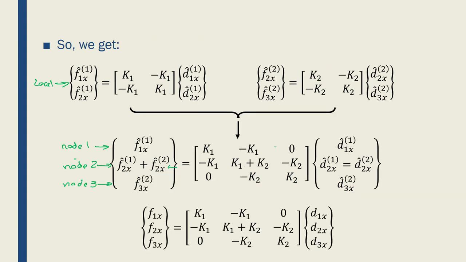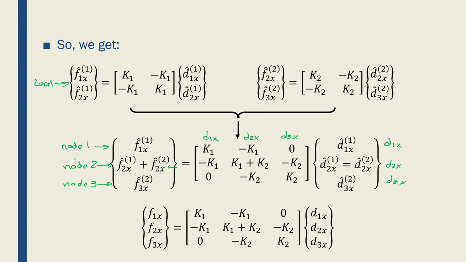So let me write something that would make it easier to understand. So D1x, D2x, D3x. Let me just write this down again here: D2x and D3x. I see that F1x is equal to K1 times D1x minus K1 times D2x.